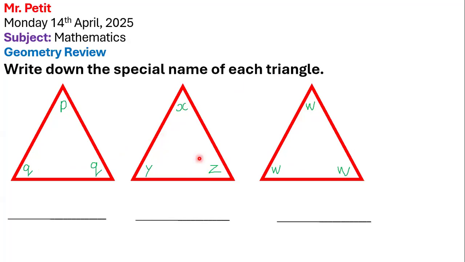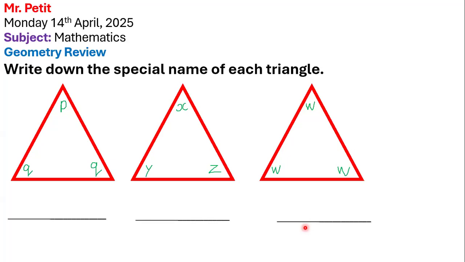Can anyone tell me the name of this special triangle? Let me open up the chat. What is the name of this special triangle? Anyone can answer. No one knows? Come on. Equilateral triangle, okay.